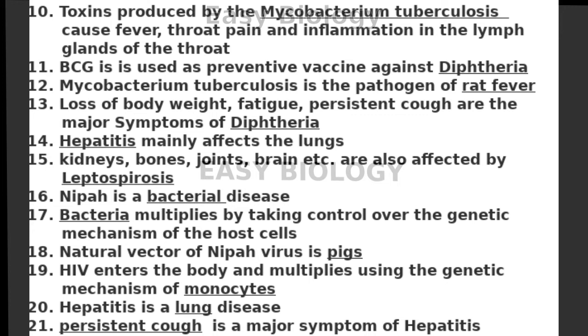Question number 11. BCG is used as a preventive vaccine against diphtheria. Here the underlined portion is diphtheria. The answer is: BCG is used as a preventive vaccine against tuberculosis.